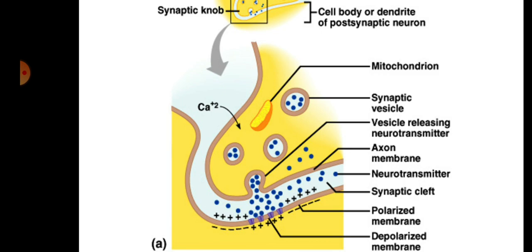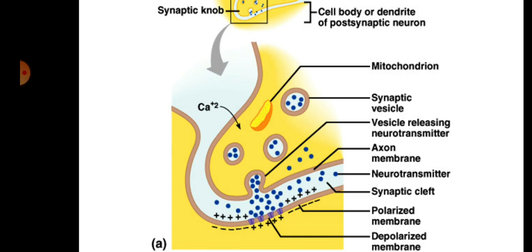Here you can see that the nerve impulse is carried and the synaptic vesicles carry the neurotransmitters. Now the synaptic vesicles release the neurotransmitter near the axon membrane.